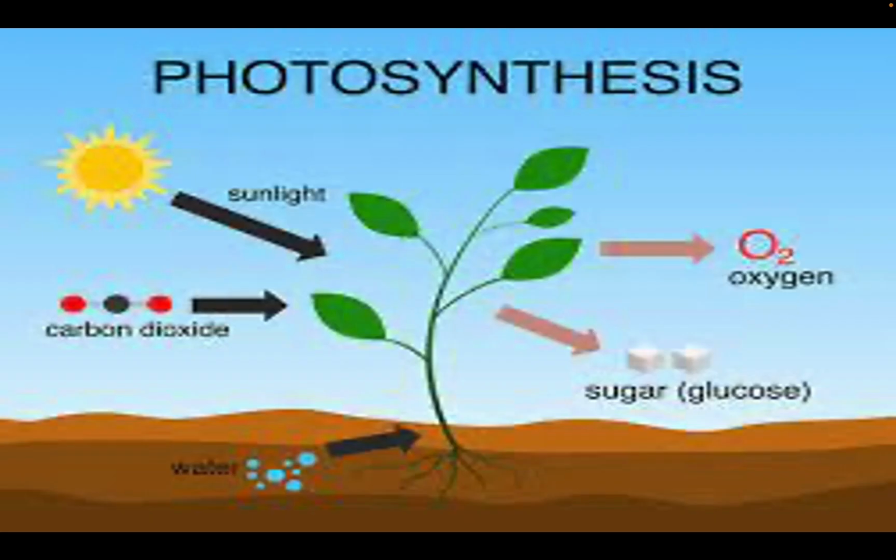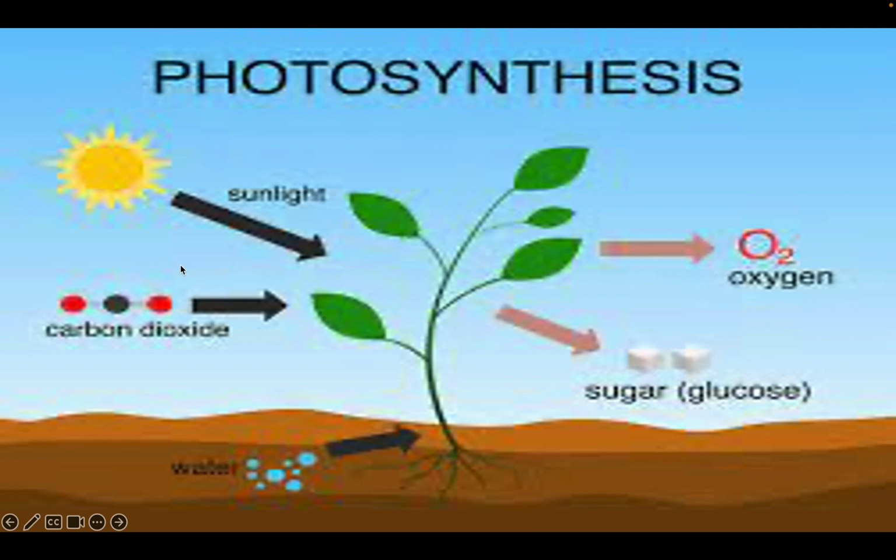Now these are the steps in which photosynthesis takes place. So you can see that water enters through the roots of the plant and it travels through the stem to the leaf.